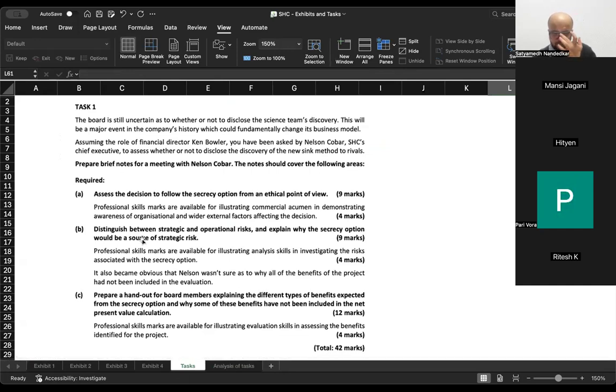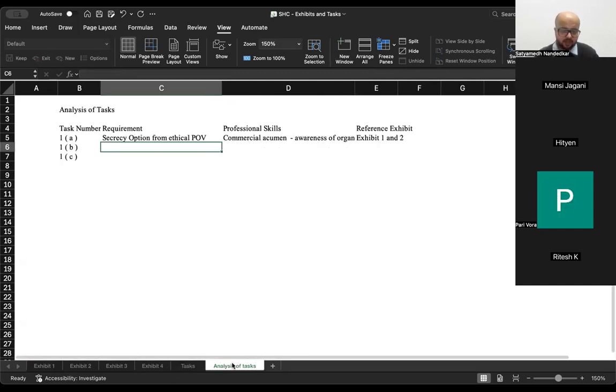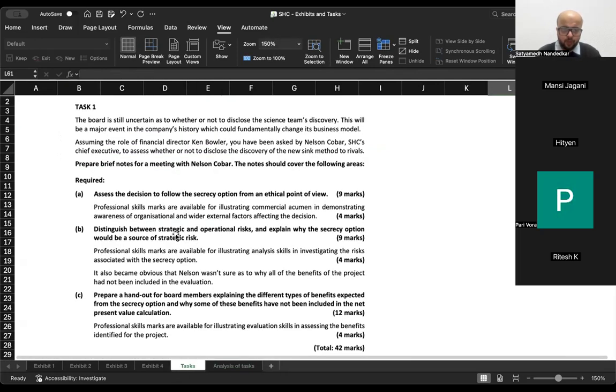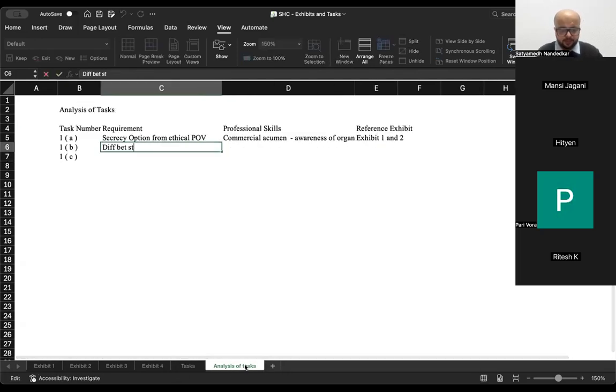Here: distinguish between strategic and operational risk. Explain why secrecy option would be a source of strategic risk. Difference between strategic and operational risk.